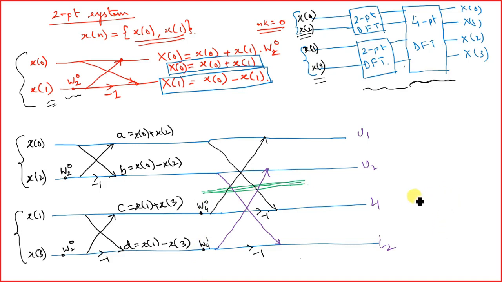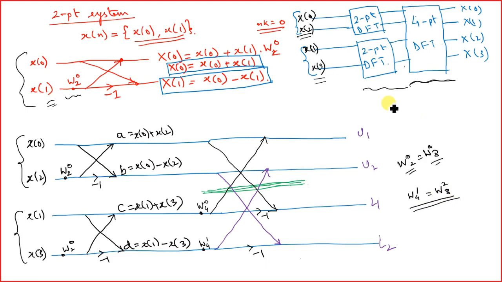In some books you will find that W4^1 is written as W8^2 in the case of an 8-point twiddle factor matrix, and also W2^0, if it is 8-point, would be written as W8^0. Anyhow W2^0 is equal to W8^0 because the zero exponent makes the twiddle factor 1. Whereas W4^1 equals W8^2, this is true.